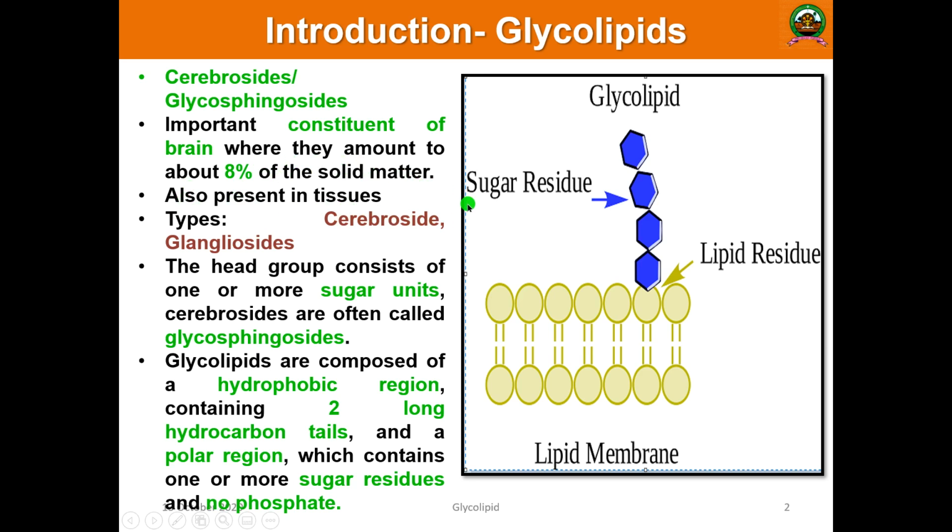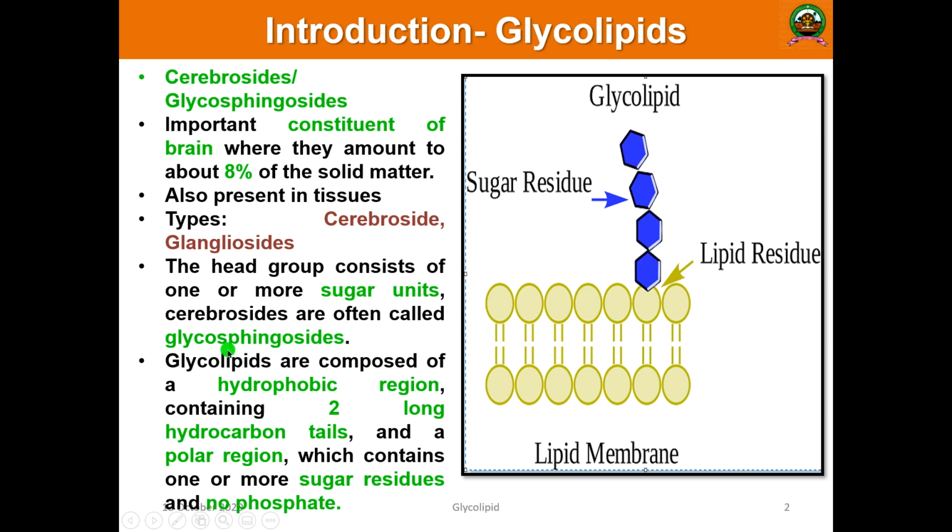There are two important types of glycolipids: one is cerebrosides, the next one is gangliosides. The head group of this glycolipid consists of one or more sugars, and cerebrosides are thus often known as glycosphingosides.